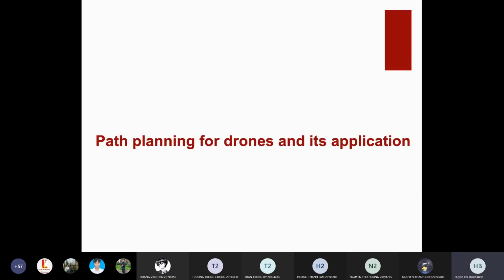And another topic is path planning for drones and its application in transportation.